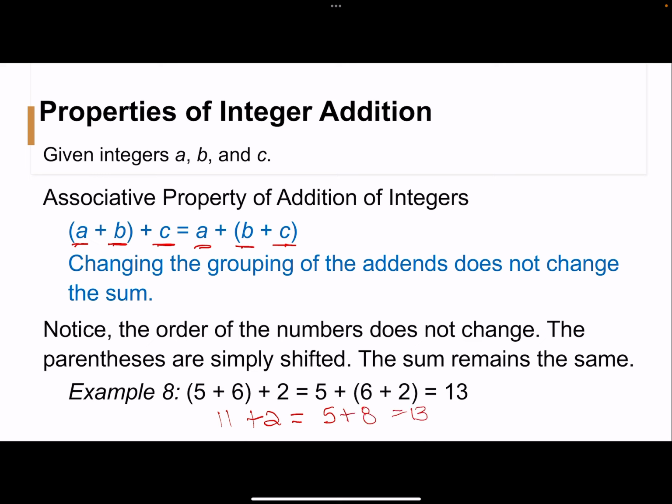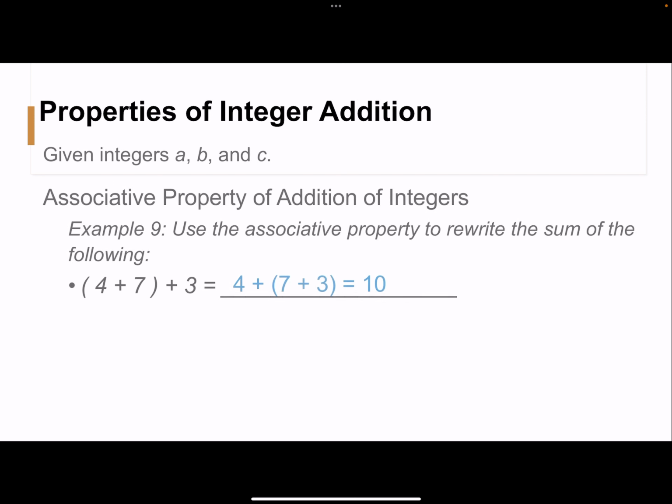So simply shifting the parentheses does not change my answer. Another example, if I wanted to take 4 plus 7 plus 3 and rewrite it using the associative property, the order of the numbers does not change. 4 plus 7 plus 3, I simply shift the parentheses.